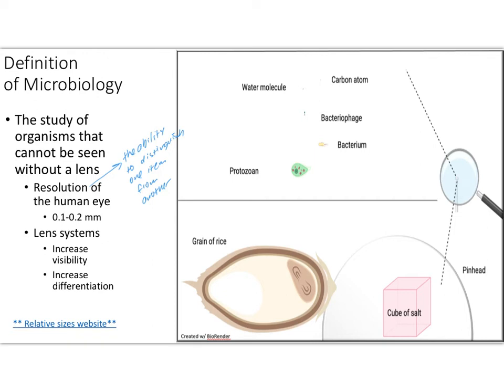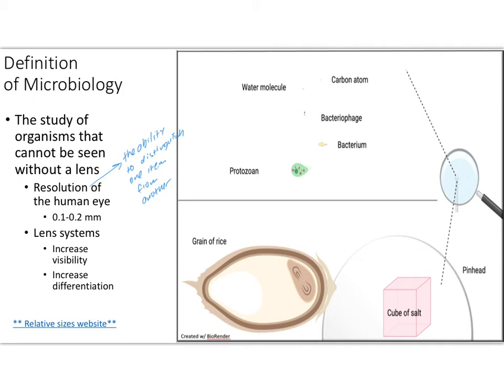We're capable of saying that is object A and that is object B. Anything smaller than about 0.1 to 0.2 millimeters, we might be able to perceive that it is there, but we cannot tell whether it is one thing or two things or three things, etc. So basically, microbes are these living organisms that are smaller than about 0.1 to 0.2 millimeters.